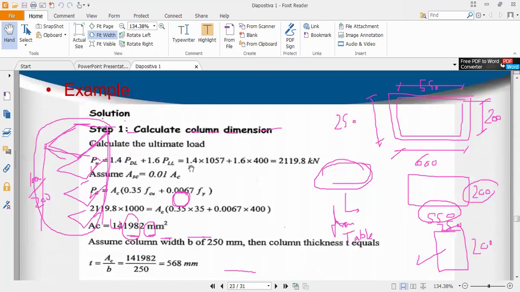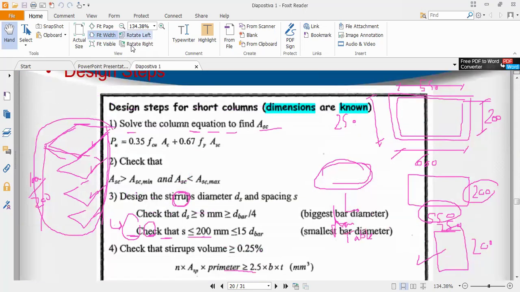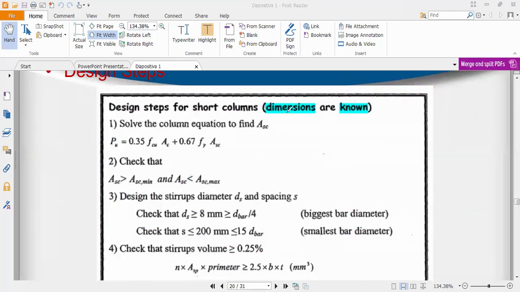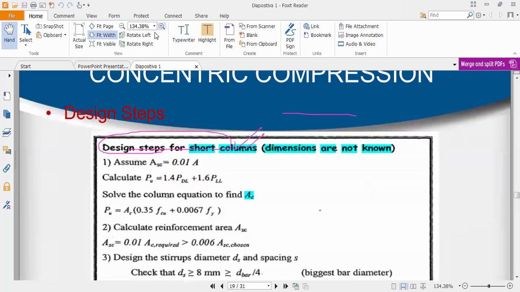We can discuss the second type of questions or problems. If we have dimensions, these equations are the same.